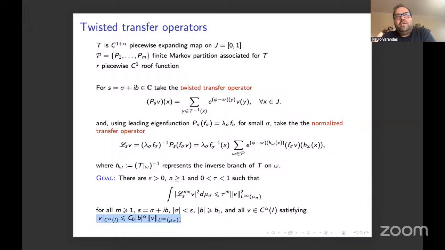In rough terms, if you have observables such that the Hölder constant is small, meaning that they are nearly flat, nearly constant, then you can produce cancellations in the terms appearing in the iterates of the Perron-Frobenius operator, meaning that these objects are in different phases. This represents vectors in the complex plane, because you are introducing a complex number here. If some summands point in one direction and others point in another direction, the sum of these elements will produce some cancellation and will decrease in norm. So this is the goal.